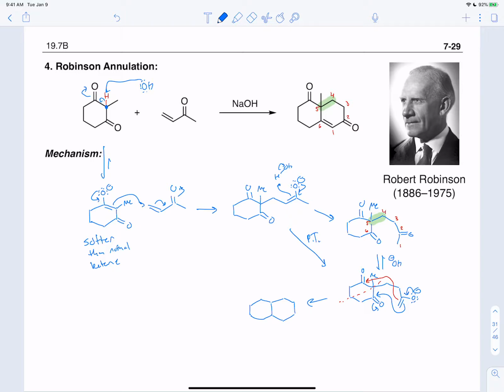Now we've made our 6-membered ring. We have an intermediate alkoxide. We have our ketone. And now what we need to do is protonate this oxygen and deprotonate this hydrogen. So I will just show this as PT for proton transfer.